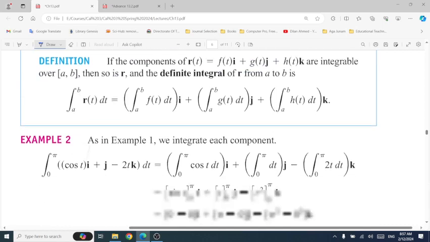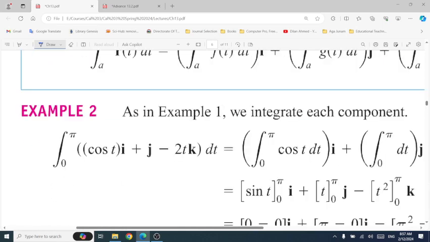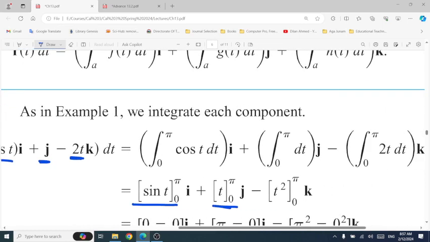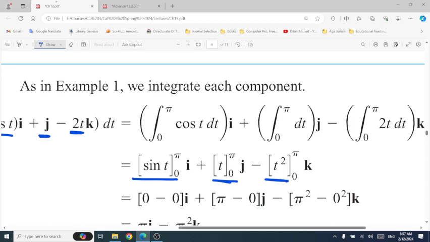How about this example? Of course, I'm going to find cosine is equal to sine. 1 is equal to t. 2t is equal to t squared. Then from 0 to pi, so I'm going to put in pi. I'll get sine of pi, which is 0. How about here? I'll get pi minus 0. How about here? I'll get pi squared minus 0 squared.